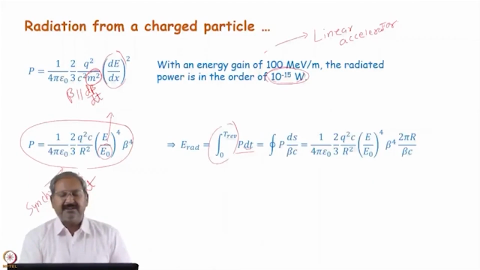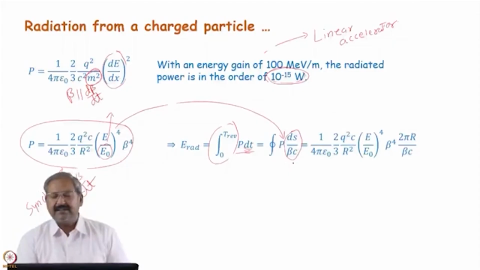Now instead of dt, we take the circumference of the accelerator, so this dt can be converted into ds by beta c. So it is a closed integral over the circumference, and now put this value in this integral, and in place of ds you just write 2 pi r. R is the bending radius of the dipole in synchrotron.